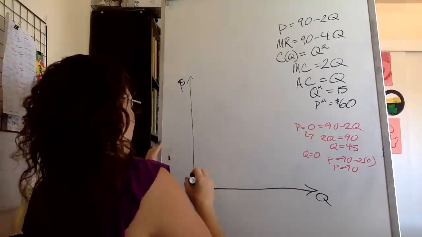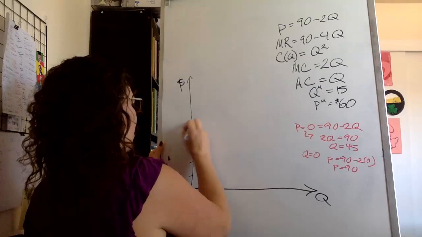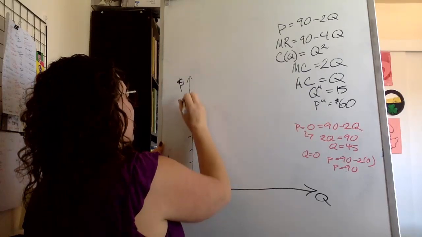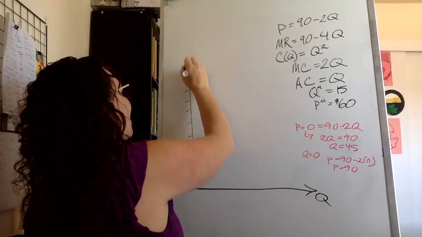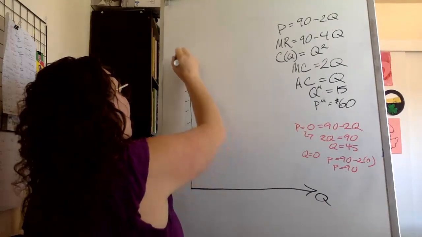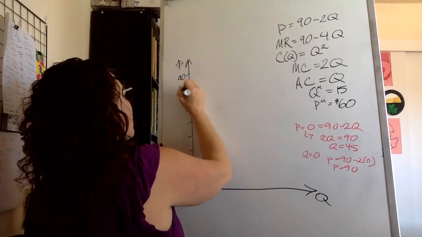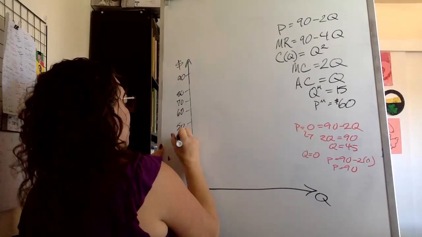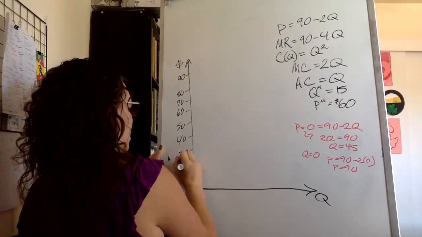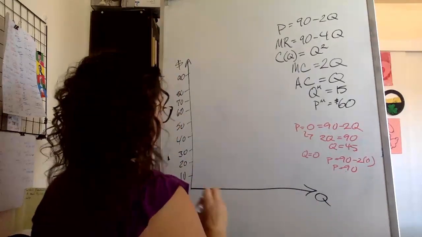So let's do 10, 20, 30, 40, 50, 60, 70, 80. A little bit higher. 90. Okay, and then across the quantity, we want to go all the way out to 45.